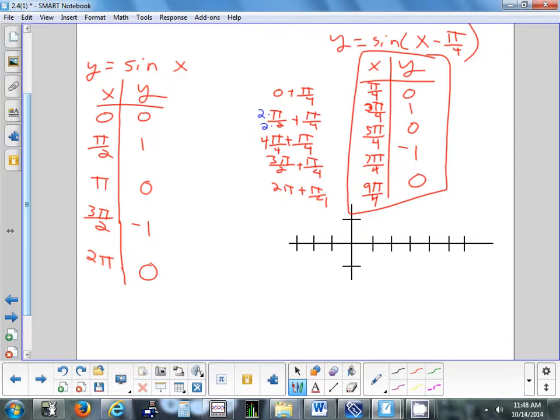Okay, so now we want to set up our axes and graph it. Pi over 4 is a little bit tricky to set up. So pi over 4 is 45 degrees. So if you did something like this, pi over 4, and then you put 3 pi over 4 next to it, that's not right.